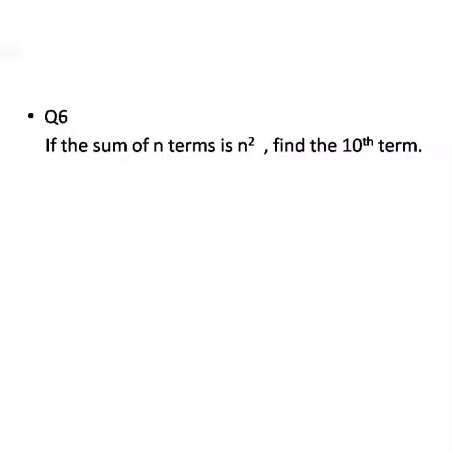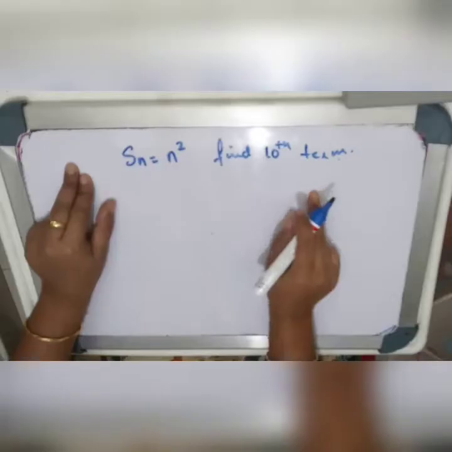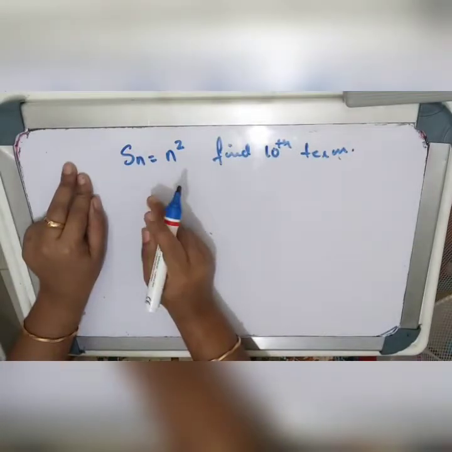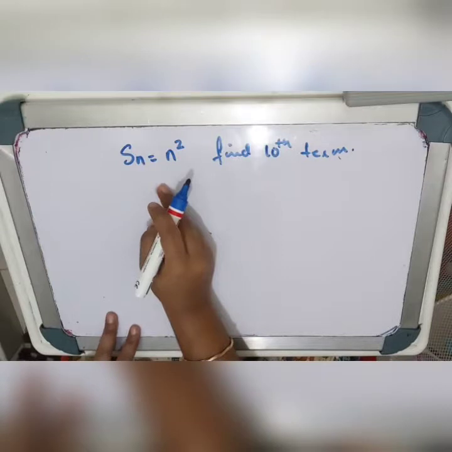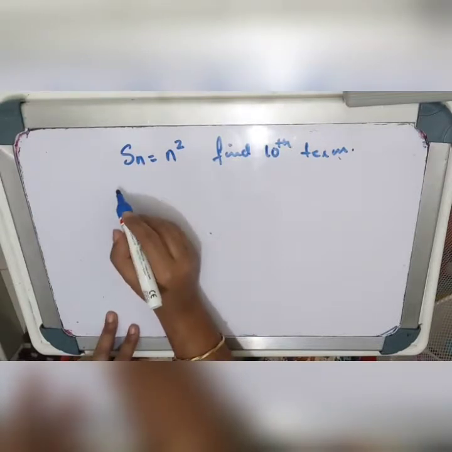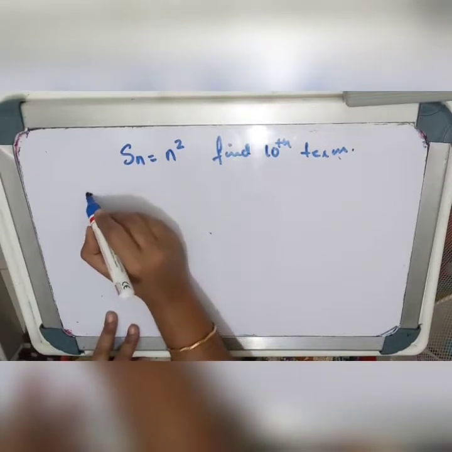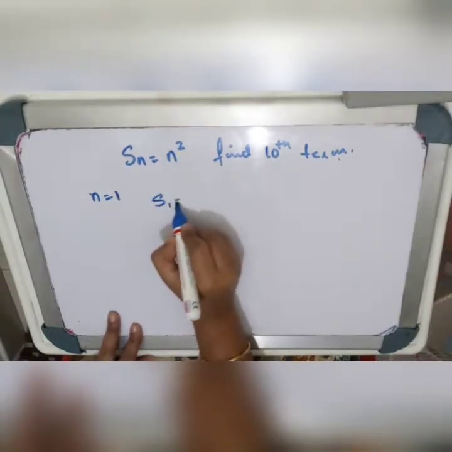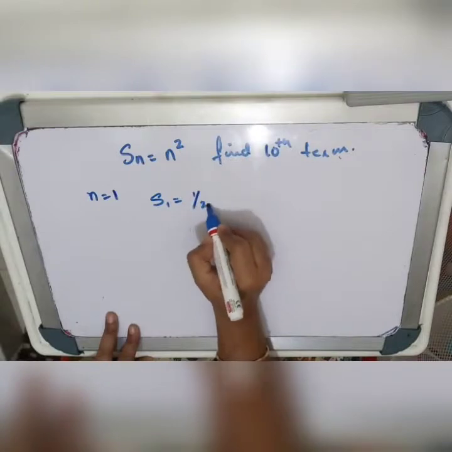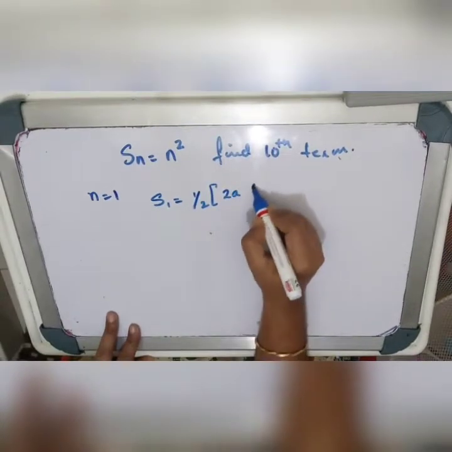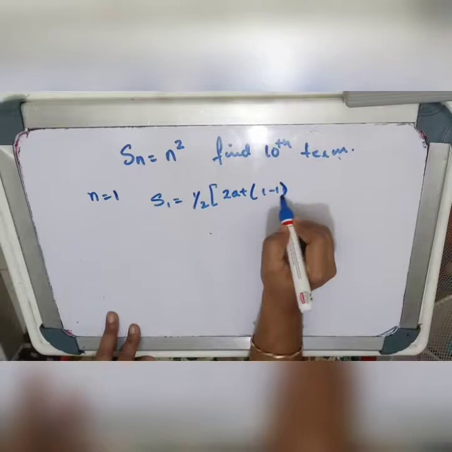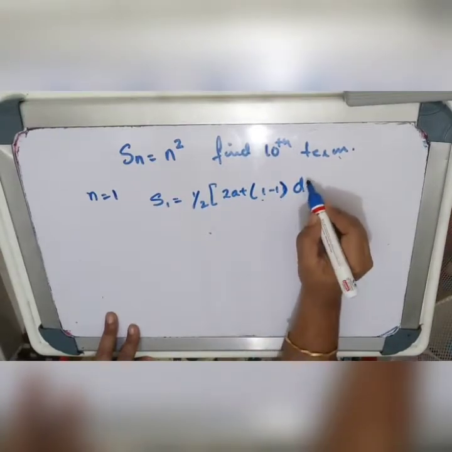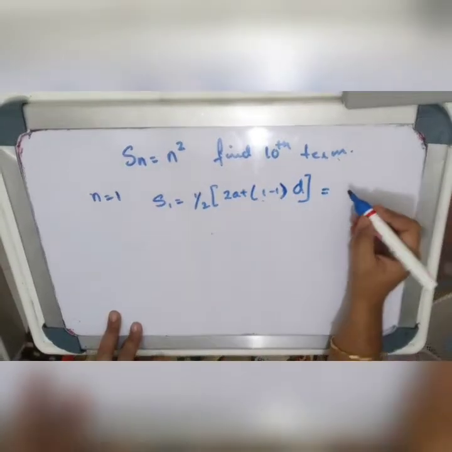Next question. If the sum of n terms is equal to n square, find the 10th term. So let's see. In order to find the value of a, let's substitute a value for n. Let's substitute n is equal to 1. So Sn can be given as n by 2, 1 by 2 into 2a plus 1 minus 1 into d, that is n square.